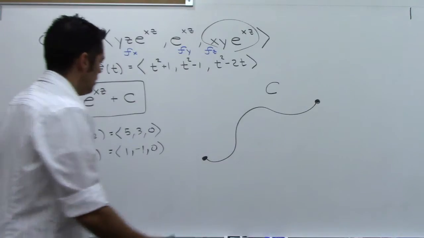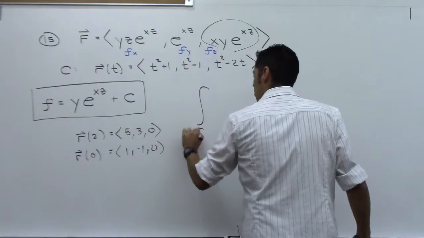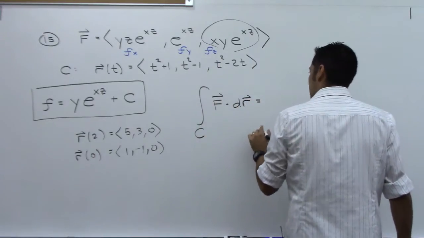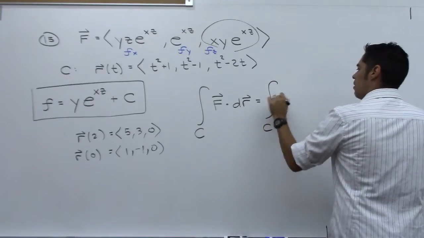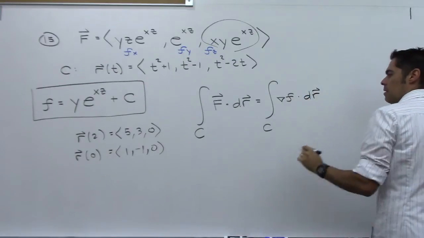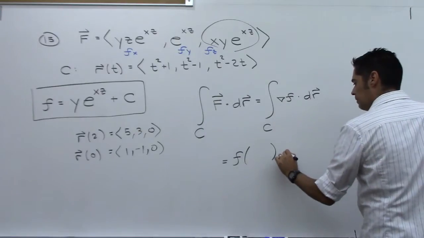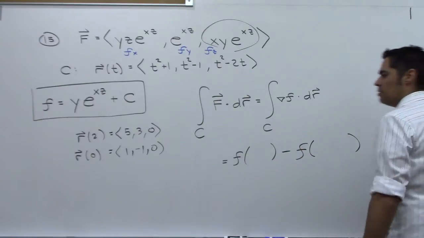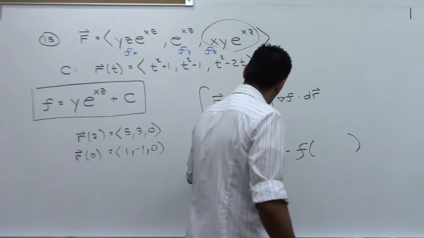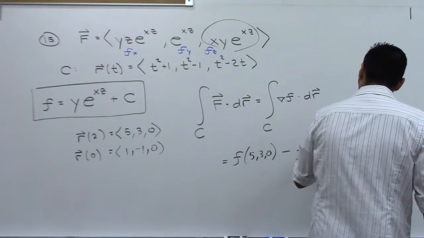And now I'll just do the fundamental theorem of line integrals. So we were trying to look for the work, which was F dotted with dr, but that turns out to be the gradient of scalar f, dot dr, but that turns out to be f evaluated at the two endpoints, subtracted. So what are the two endpoints? If we write these as points, this is 5, 3, 0. And the other one, 1, -1, 0.